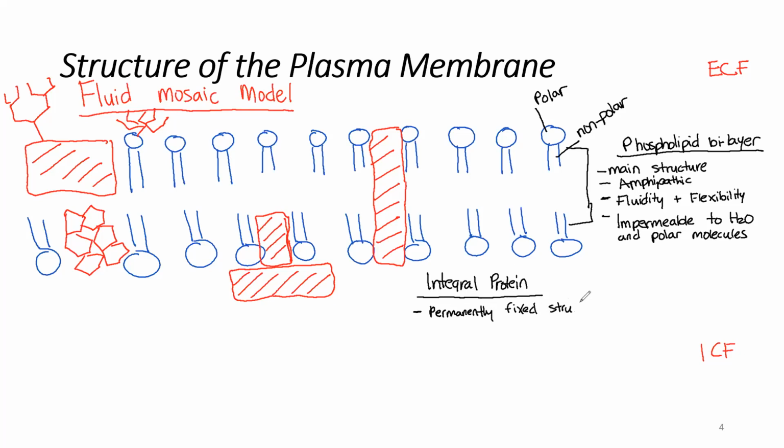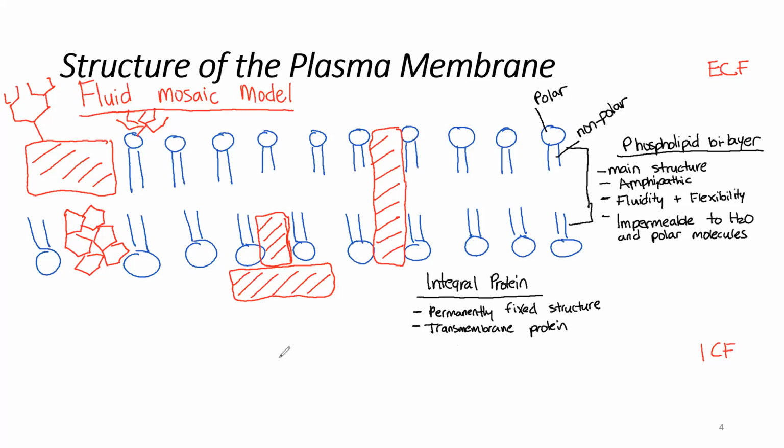It's a transmembrane protein as well, meaning that it spans both sides of the membrane. So our integral proteins are crucial to the structure of the plasma membrane. The cell will die if this protein is removed from the bilayer. And so this is integral to the function and structure of the membrane.